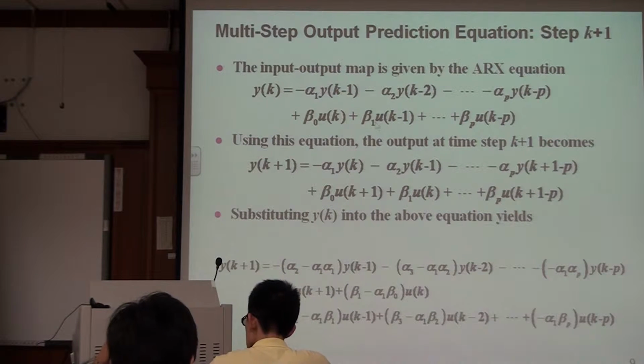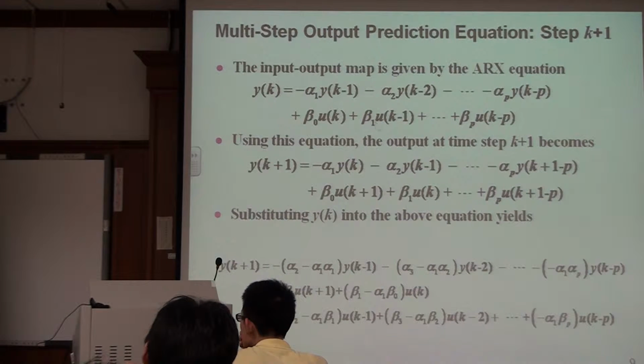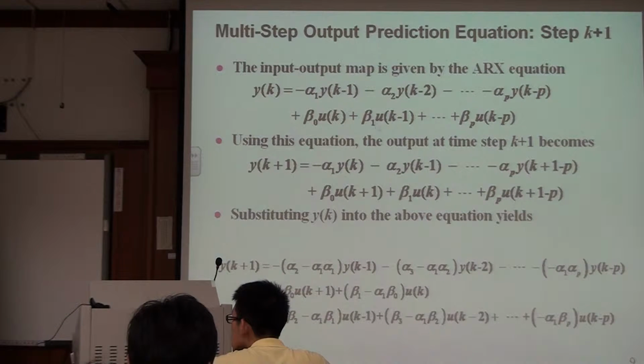Alpha 1, alpha 2 to alpha p are square matrices. Their dimension is m by m, that's number of outputs by number of outputs.